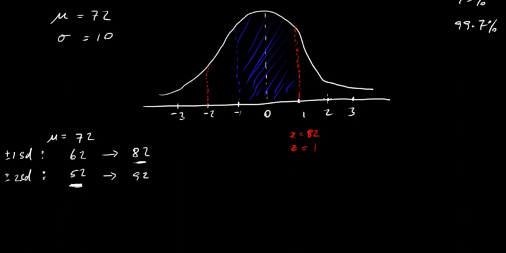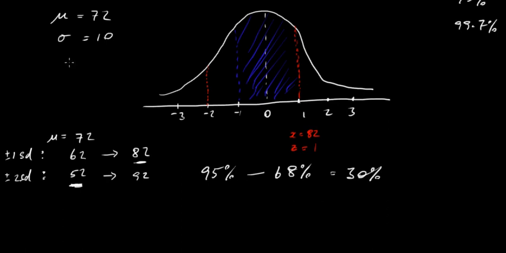We have 95% here. So what I'm going to do is work out the percentage that's in here and in here. In other words, I'm going to take the 95% and subtract 68%, and that will give me 30% here.